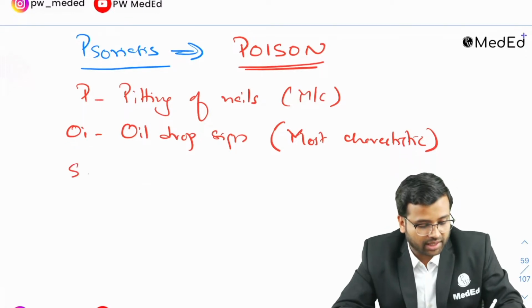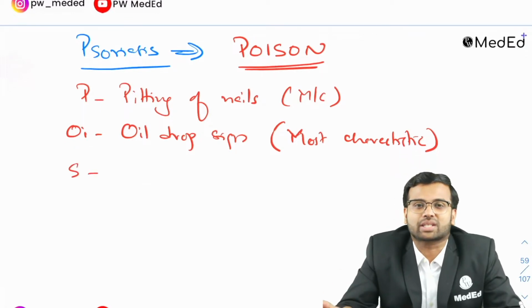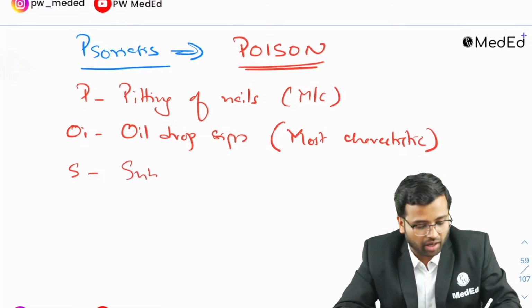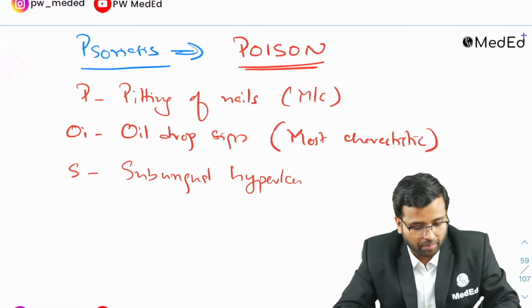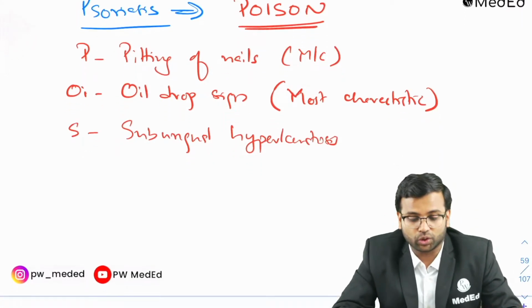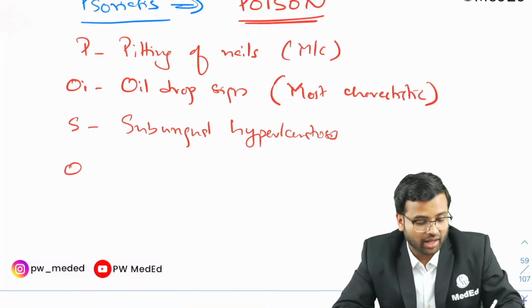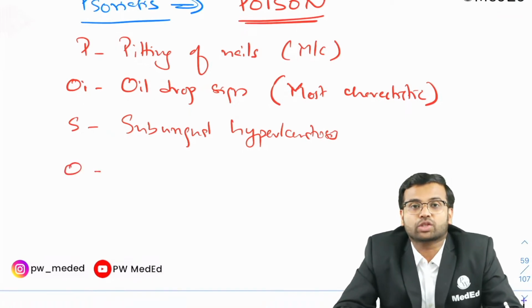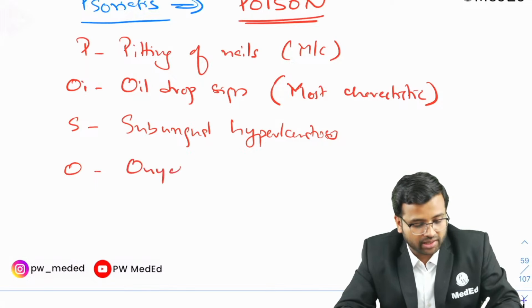So S stands for the same thing which we have seen just now in this MCQ, that is subungual hyperkeratosis. Okay, very good. MedPsycho, Jazeer, and all of you are guessing it right. And then O. So what is O? O can be onycholysis.